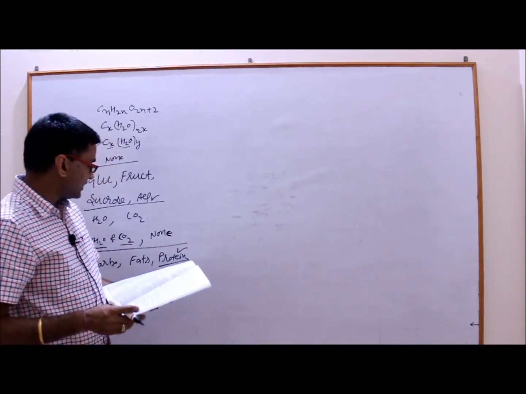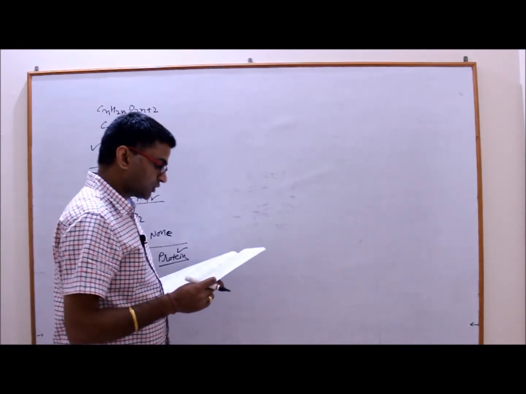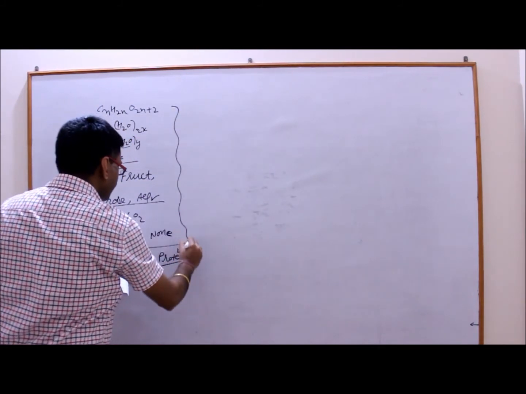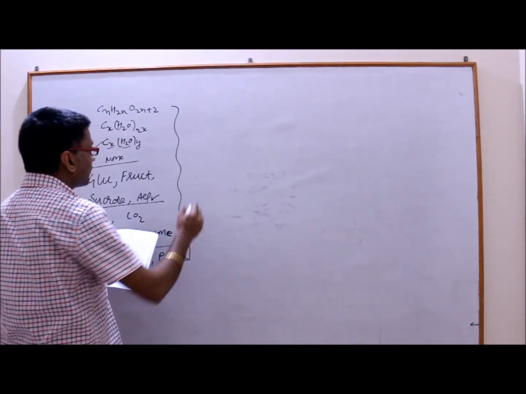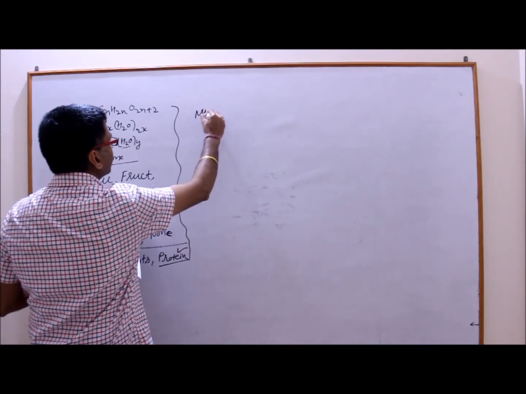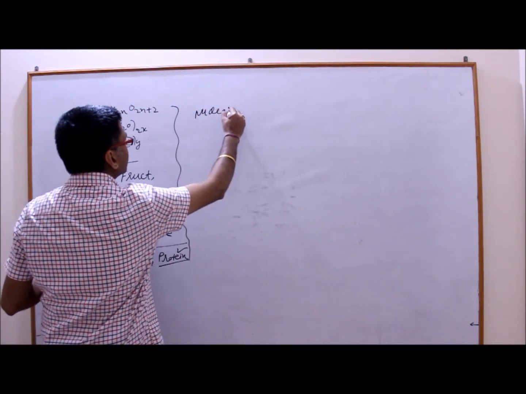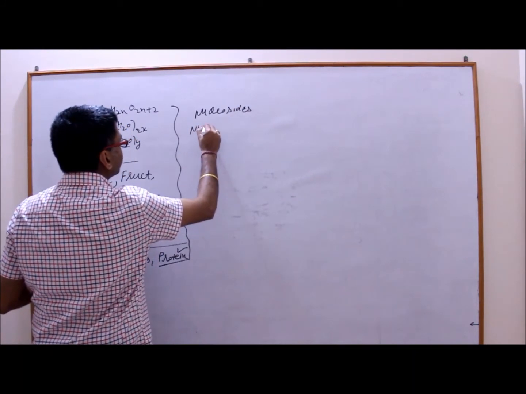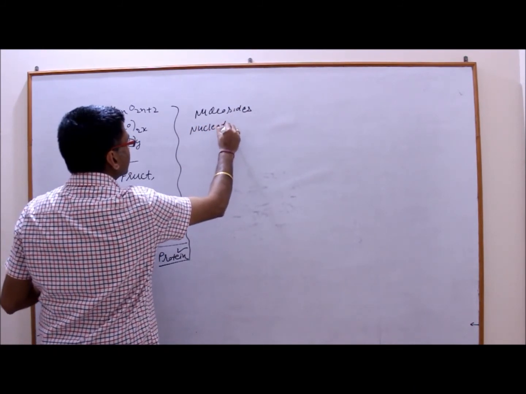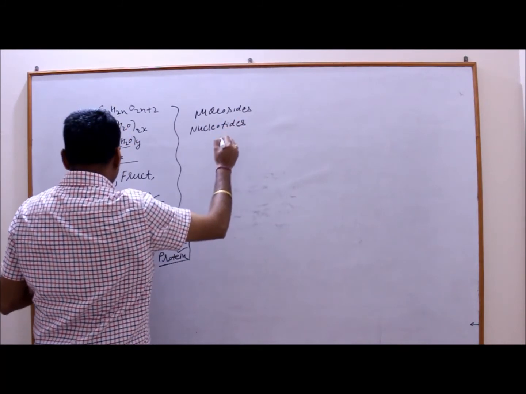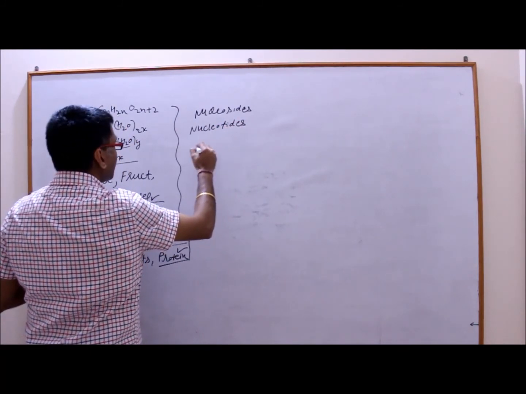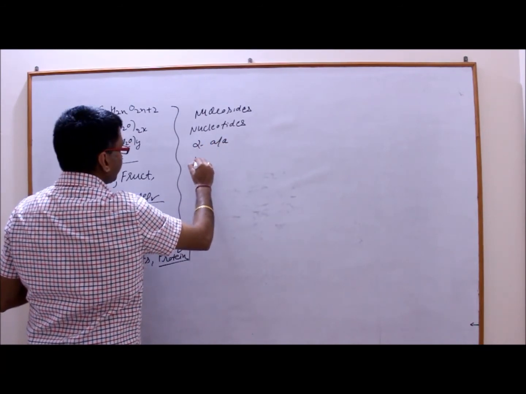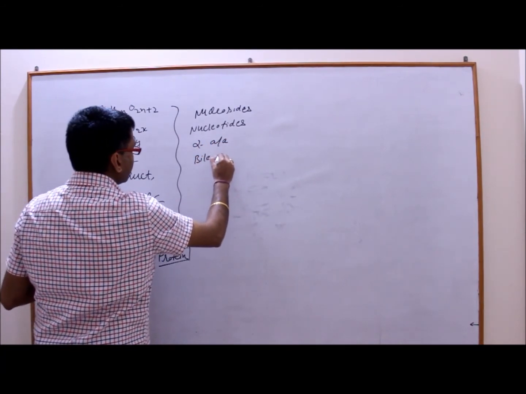Okay, so let's see the next question. Nucleic acid is a polymer of nucleosides, nucleotides, alpha amino acids, or bile acids.